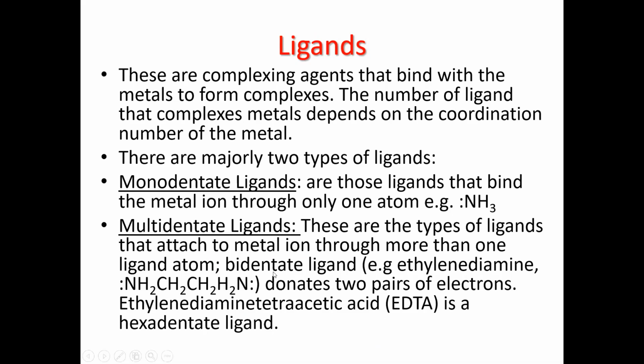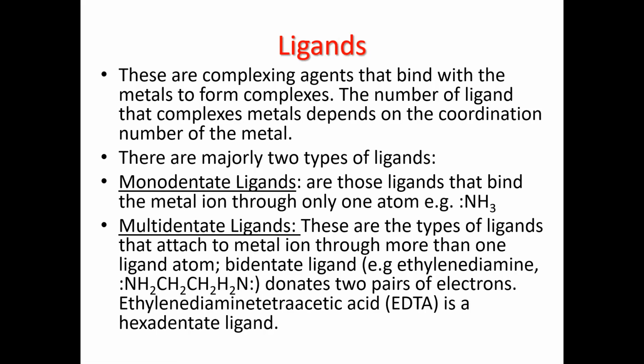An example of a bidentate ligand is ethylene diamine, and that is the molecular formula here. In this molecule, you find that the 2 nitrogen atoms have 2 lone pairs of electrons. So these are the 2 sites through which ethylene diamine can form a complex with a metal ion.